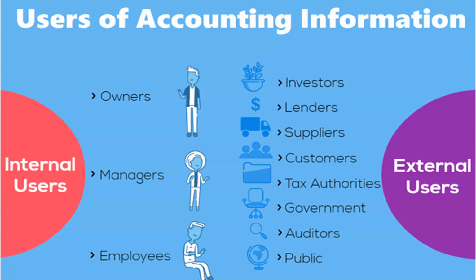It is basically made by the auditors of the company or whomsoever, but it is serving a purpose for the external users as well. The lenders, the suppliers, the customers, tax authorities, government, auditors, and the public as well.